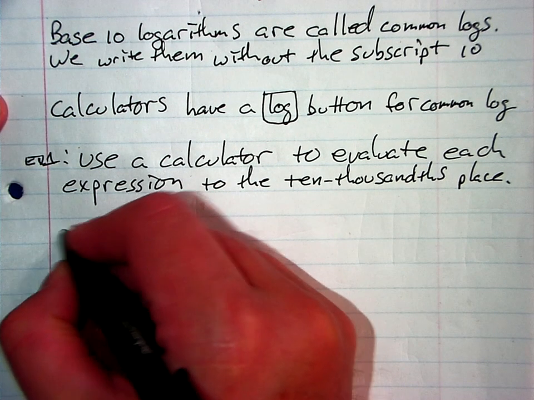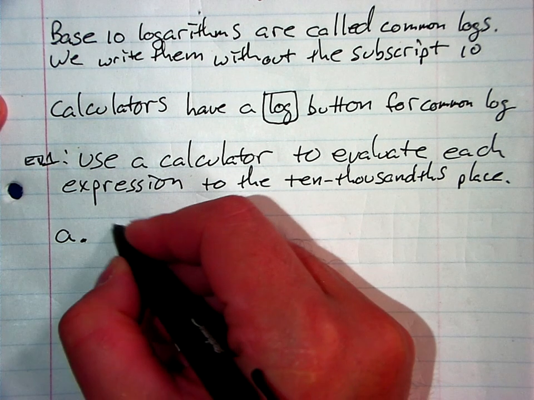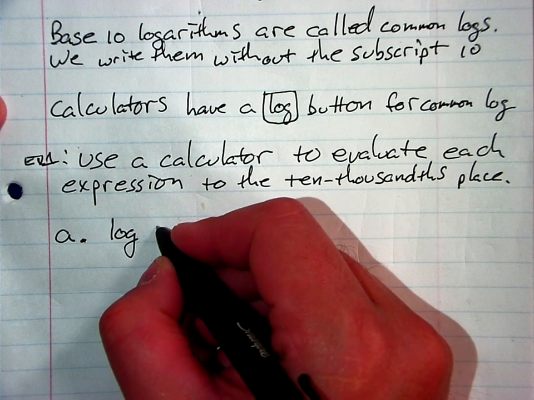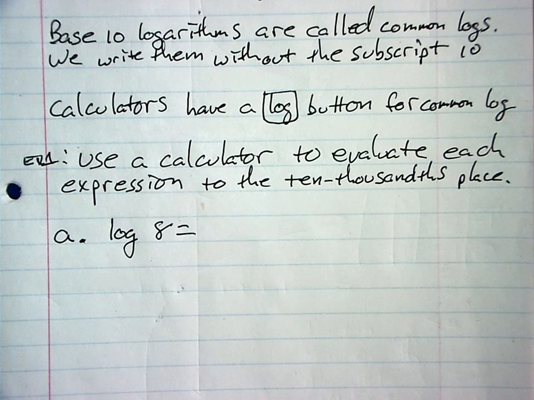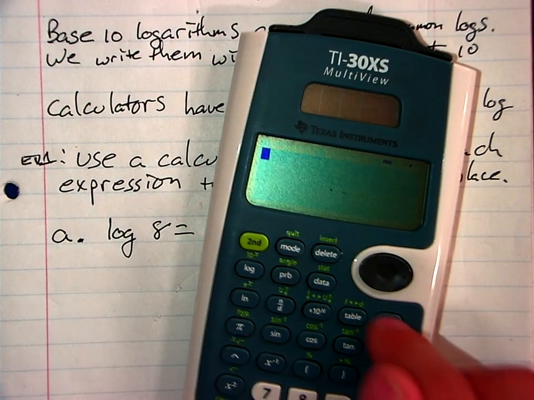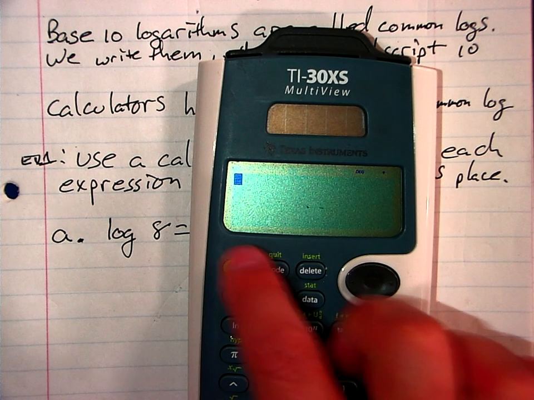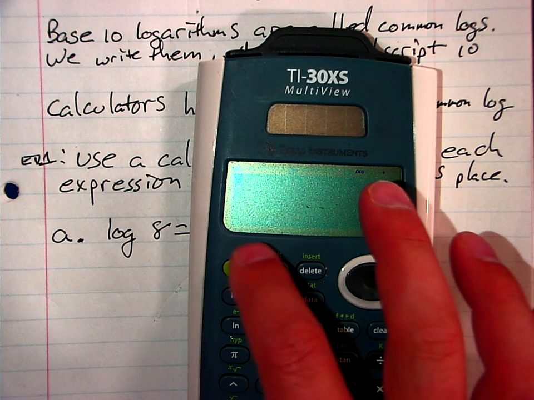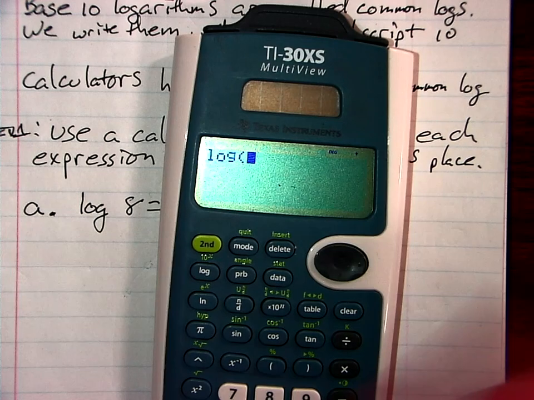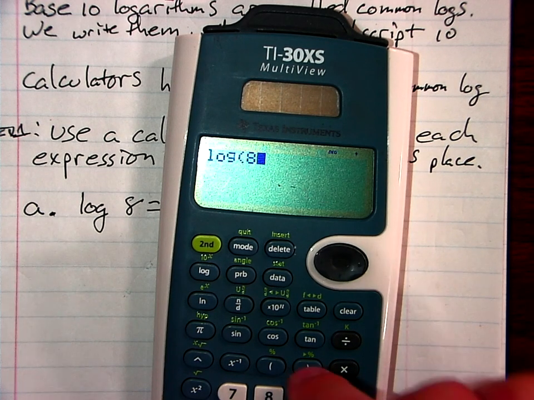Example 1, letter A. We're actually trying one now. Log base 10, we don't need to write the base 10, of 8. So grab your calculator, hit clear. Right under the green key, the second key down, says log. Please hit log, hit 8, close your parentheses.